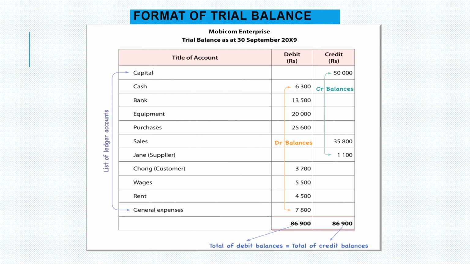At the end of the trial balance, you will see that there is the figure 86,900 in the debit column, as well as in the credit column totally.